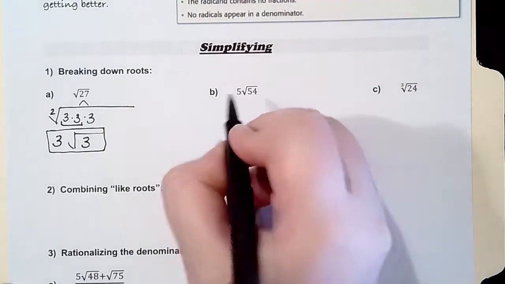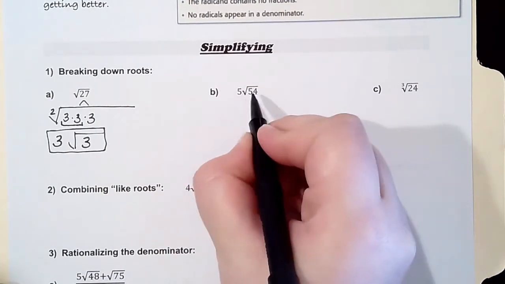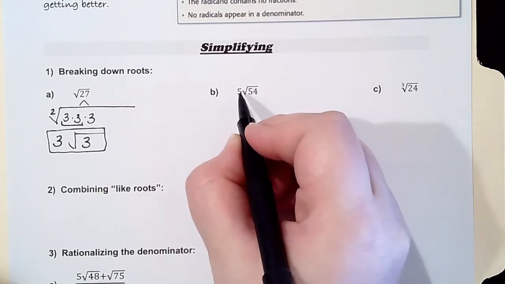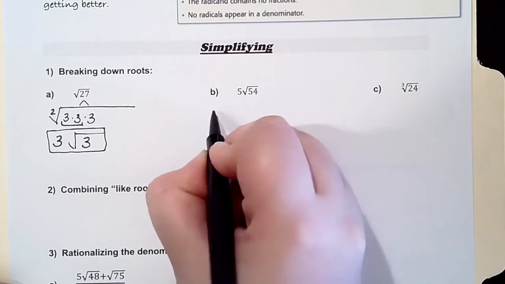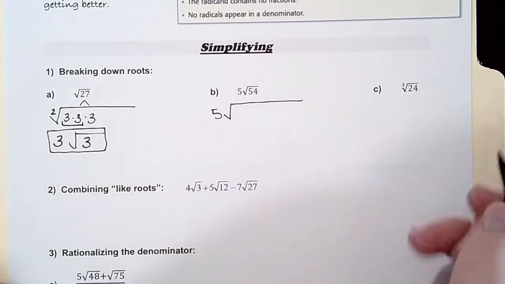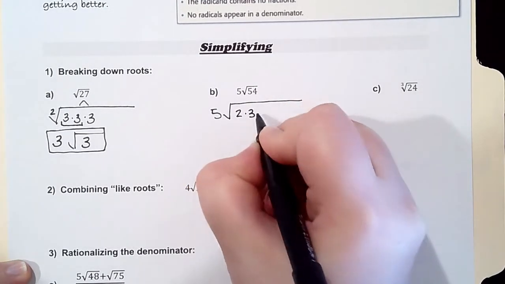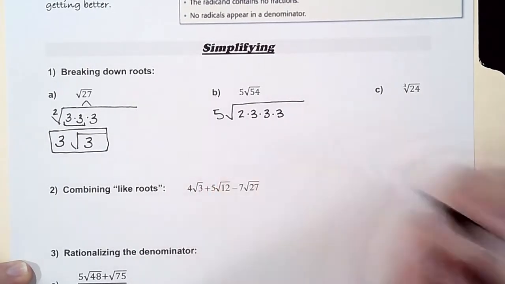This one is very similar, however, you see a number outside. Well, when that number is outside, it just means whatever we pull out of the radical is going to be multiplied by a factor of 5. So let's see what that looks like. 54 can be broken down into 6 and 9, and then 2, 3, 3, 3.